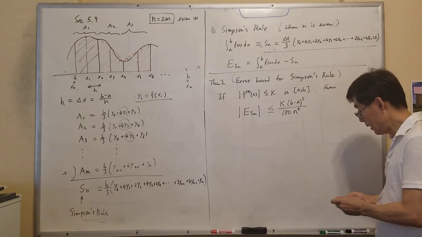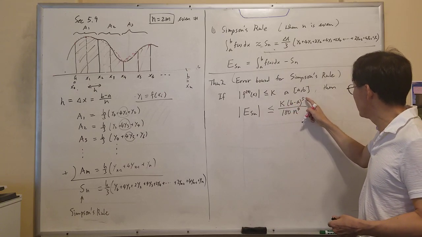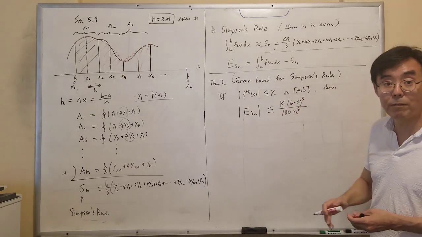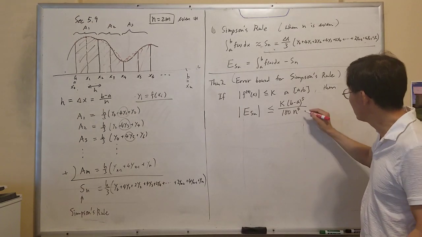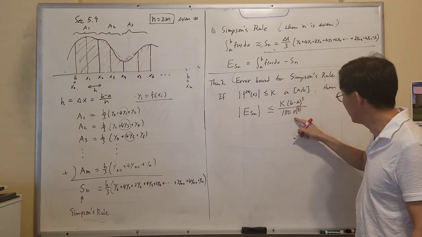Now this is the key. K, b minus a, 180, these are all fixed numbers. The only thing you can choose is n. Look at this: n to the fourth.